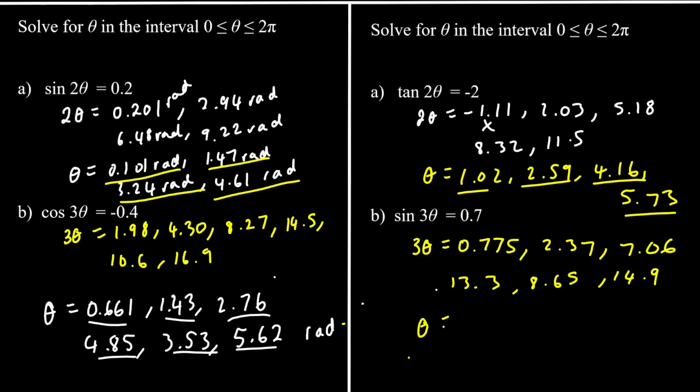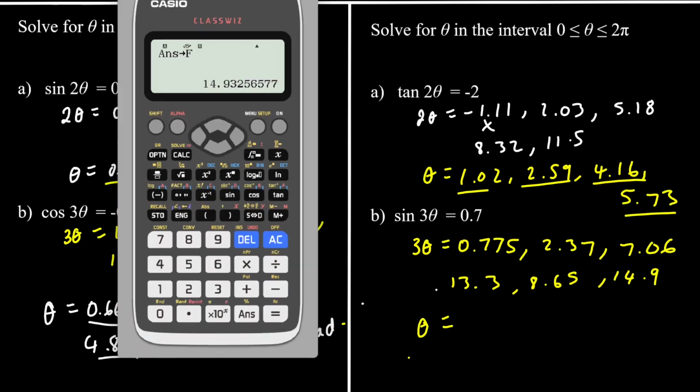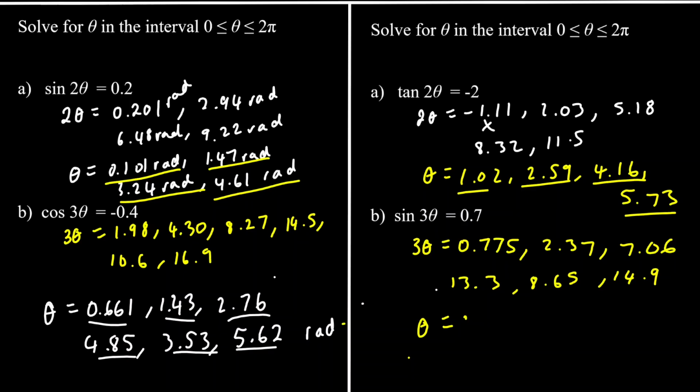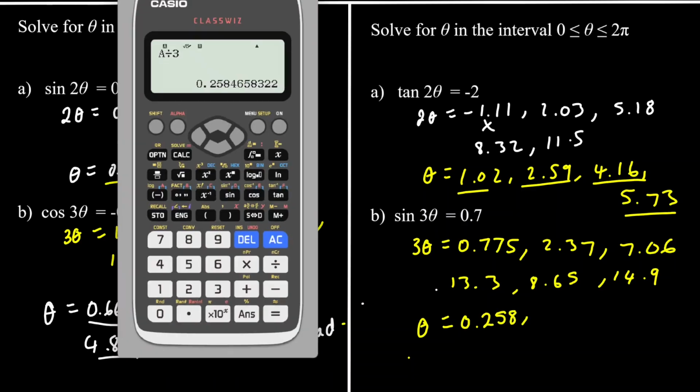So theta, we're going to divide all of these answers by 3. So the first one divided by 3 is 0.258. The second one divided by 3 is 0.789.